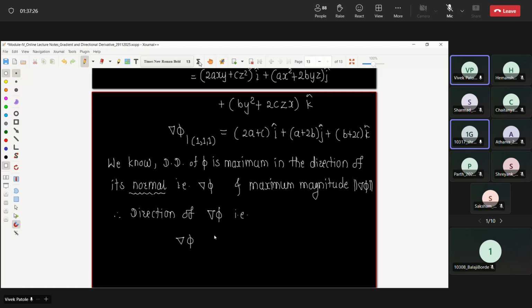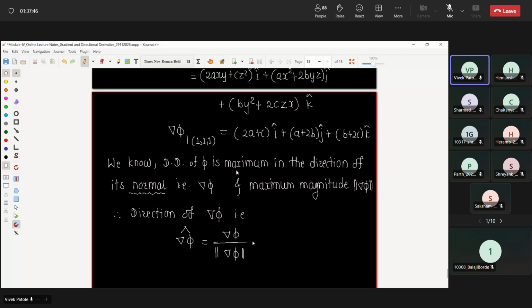Unit vector, no? So as del phi is a vector, what must be its direction? Its unit vector, del phi cap, okay? Which is given by del phi divided by the norm of del phi, correct?